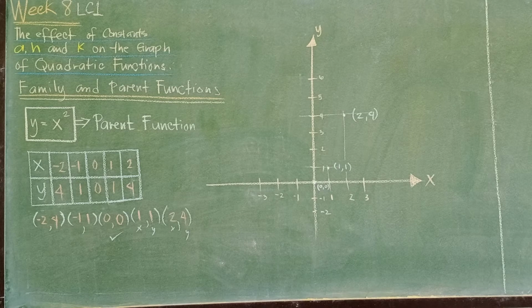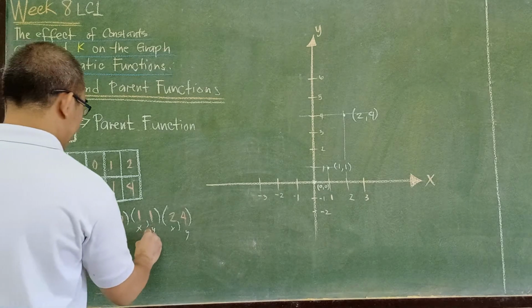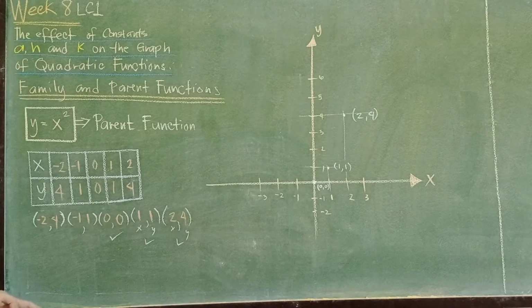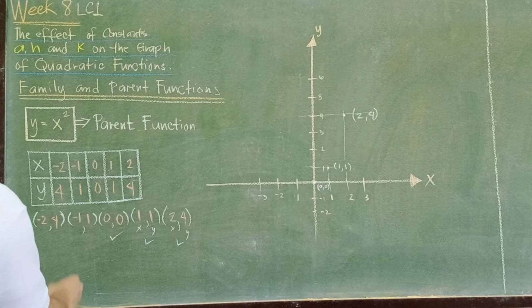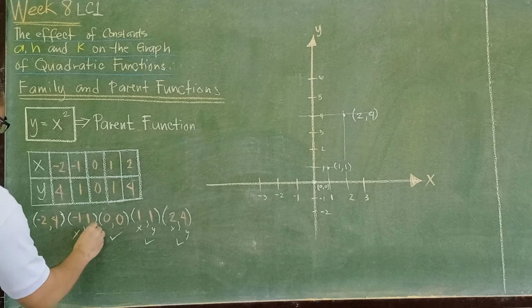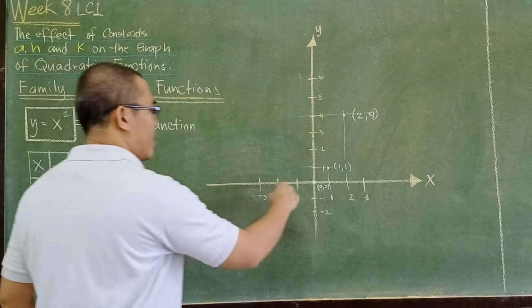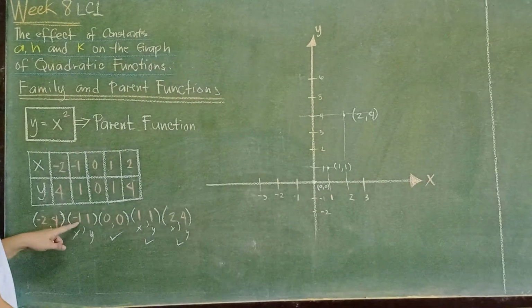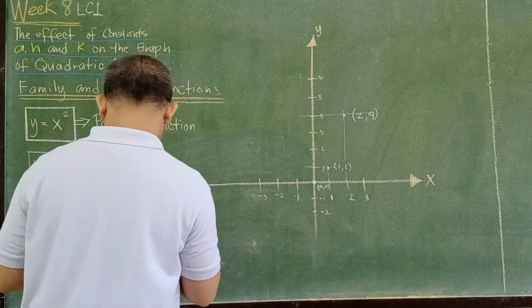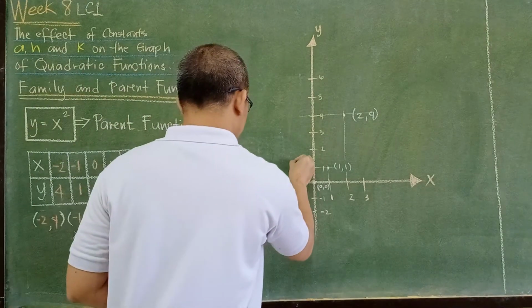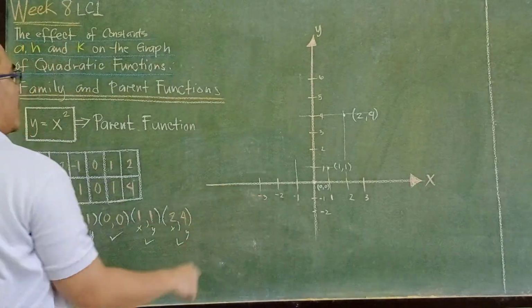Next yung kabila. So tapos na tayo sa 1, 1, tsaka 2, 4. Next is negative 1, tapos positive 1. So, hanapin mo sa may x-axis yung negative 1. So, sa may x-axis, yung negative 1 mo is this one. Tama? Negative 1.